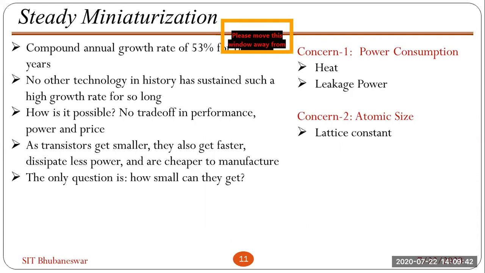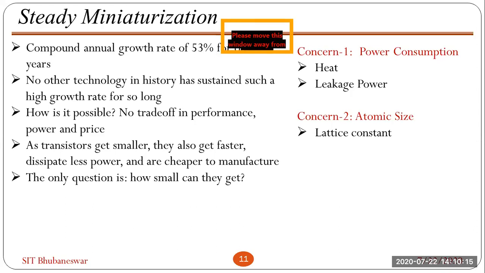Other industries are lacking, but semiconductor is growing because there is no trade-off in performance, power and price. We are getting better performance, low power consumption, and less price. So that's why day by day this industry is growing.